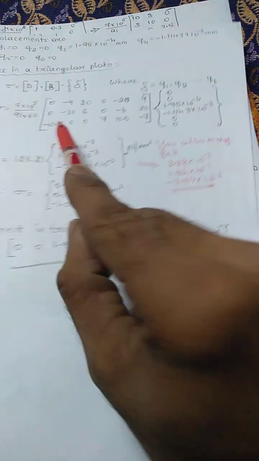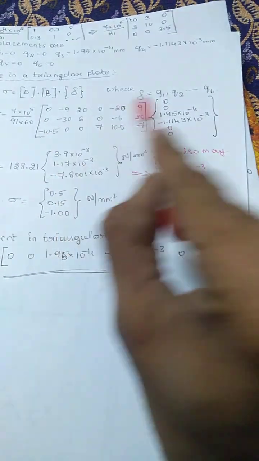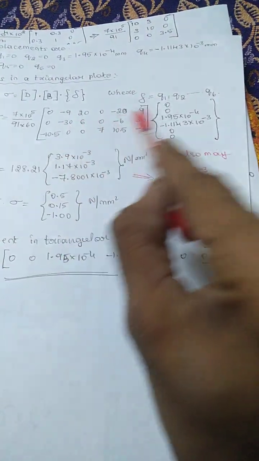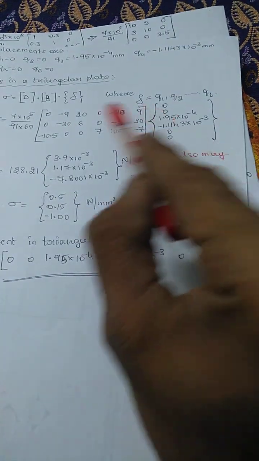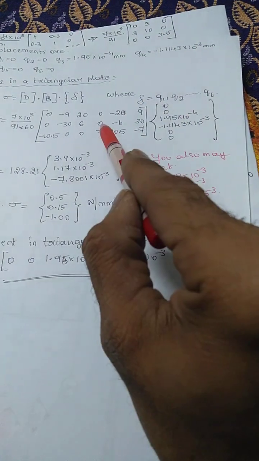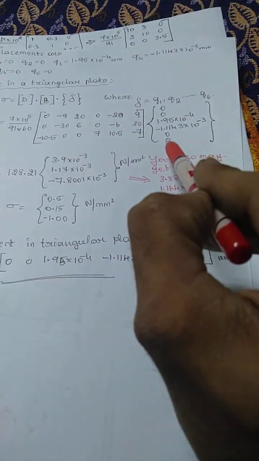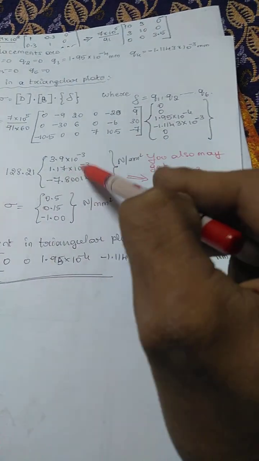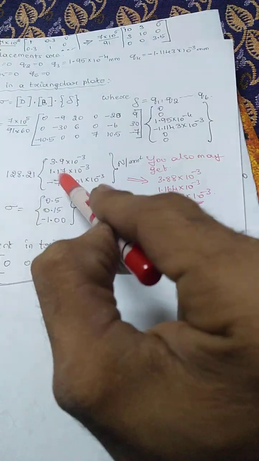Similarly for this one, 1.17 into 10 to the power minus 3, same, 0 into 0 minus 30 plus bracket open minus 30 into 0 plus 6 into 1.95 into 10 to the power minus 4 plus 0 into this one minus 6 into 0, 30 into 0. So you'll get this value because of 6 into 1.95 into 10 to the power minus 4.